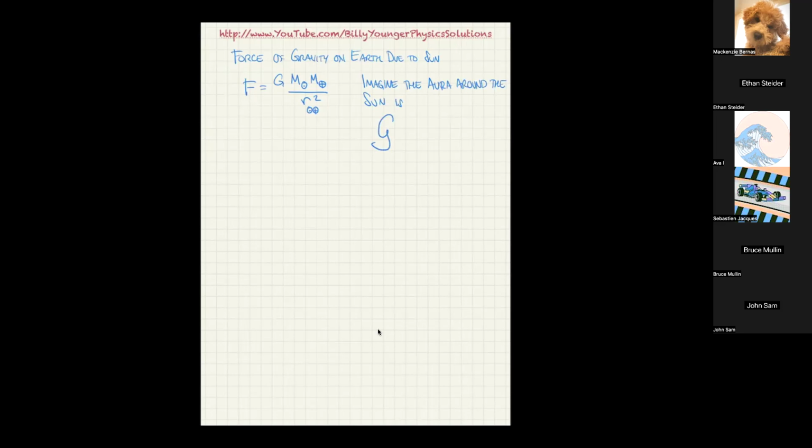It fancy symbol G, and we're going to calculate that as G times the mass of the sun divided by r squared. So it's G as a function of r.